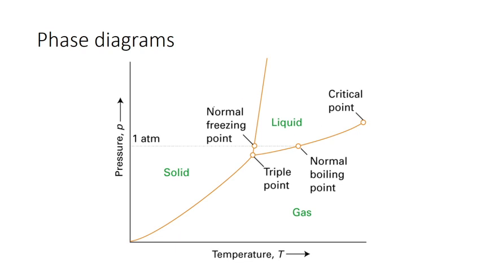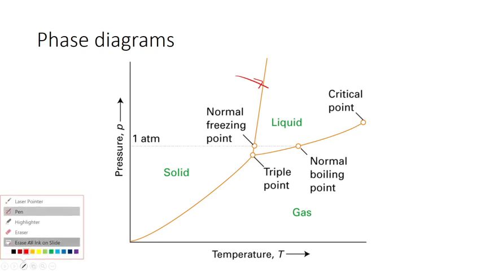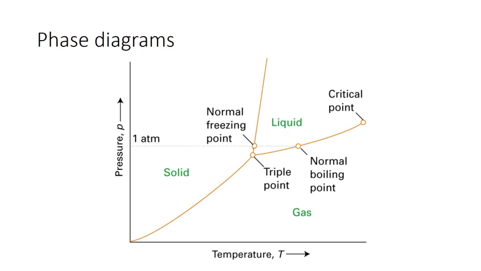So one thing about phase diagrams to notice is that you can tell which phase something is densest in depending on this line right here and whether its slope is positive or negative. If the slope is positive, think about as you're putting more pressure on something. In this case, looking at this diagram, it will become a solid as you put more pressure on something at a variety of temperatures.